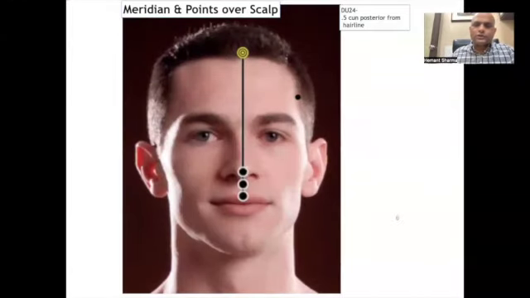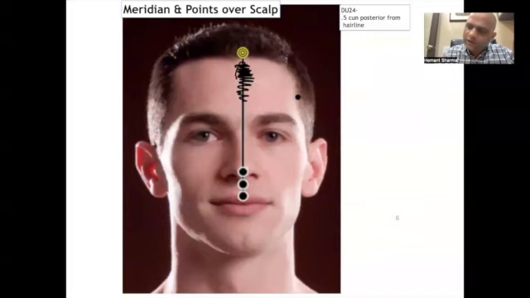So this is the DU meridian, which is passing from the central line and just dividing the whole body into equal parts, right and left. This line is very important because I told you this line is connected with the senses.